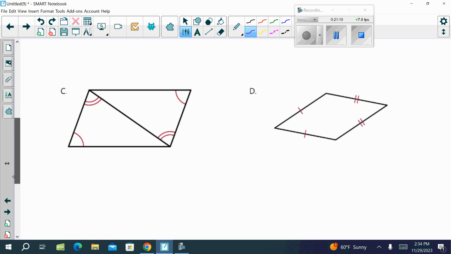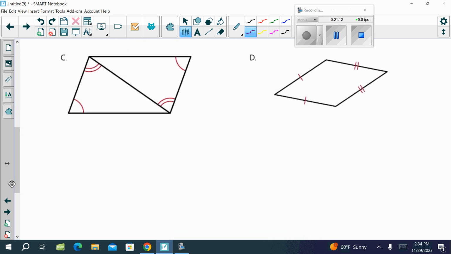All right, C. What do you guys think? Parallelogram, not a parallelogram? Thumb up for parallelogram. Thumb down for not a parallelogram. Okay, this one is a parallelogram.